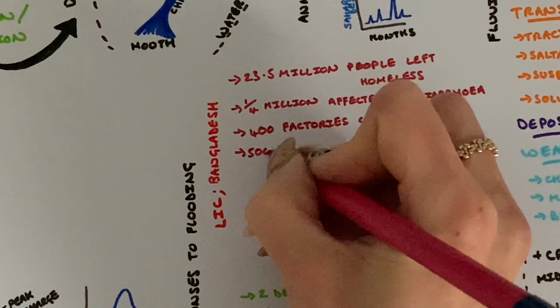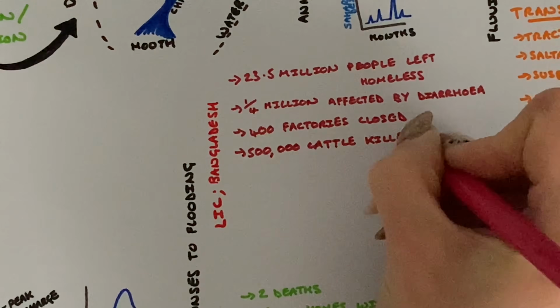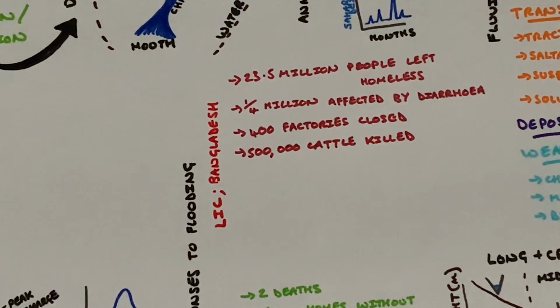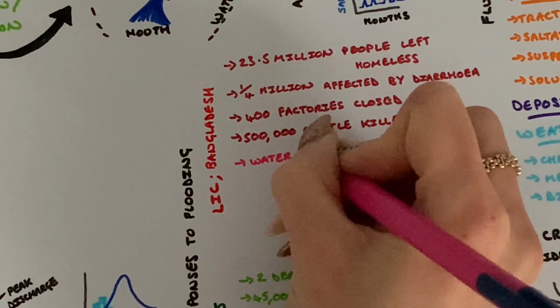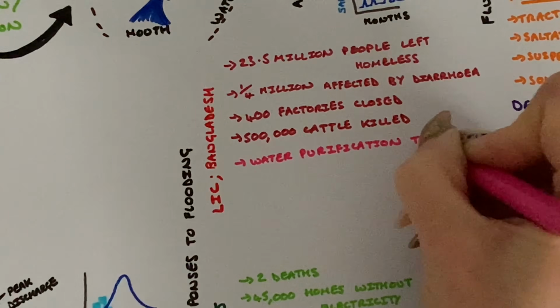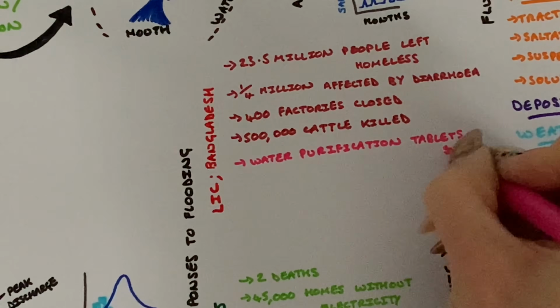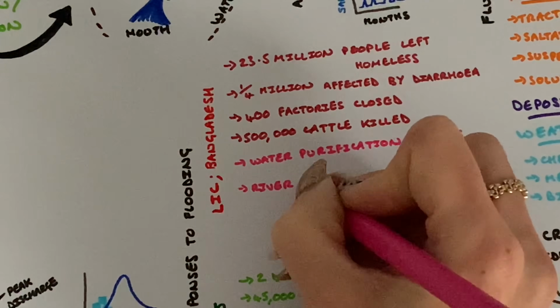Now, in terms of the responses and how we helped and how Bangladesh helped itself, these could go into short or long-term responses. So, water purification tablets were sent to Bangladesh from various countries as a short-term response to reduce the amount of people being affected by diarrhoea.